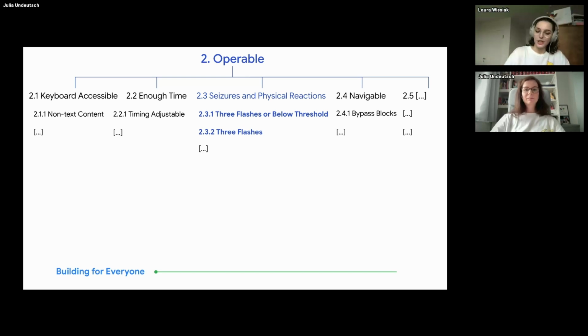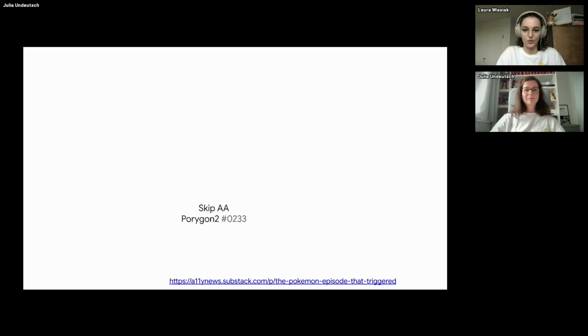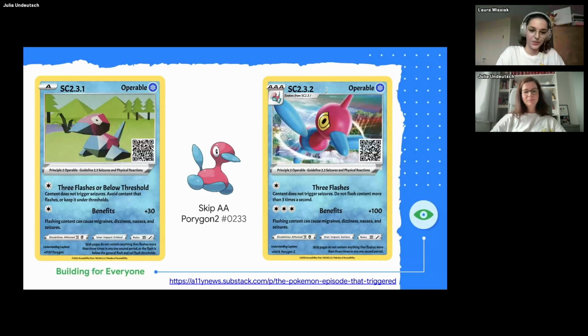And if we look into those success criteria, they tell us to exactly not do that in order to avoid triggering a seizure. So this is why we decided Porygon would be the poster child for this one. Use 3 flashes or below to make sure you don't trigger photosensitive seizures, not photosynthesis. They're not plants.